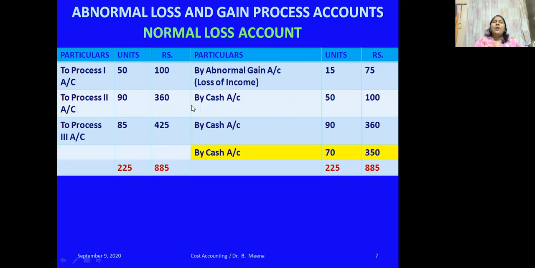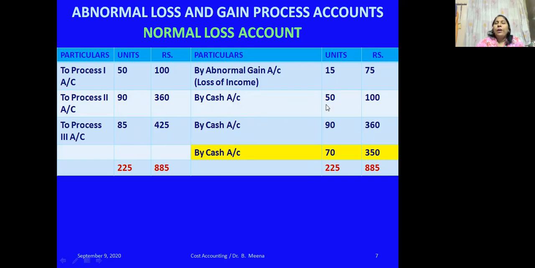Since we don't have any adjustment with the process 1 and process 2 normal loss, we will transfer this amount to our cash account. But regarding the process 3 normal loss, we encash it, there is a loss of income of 15 units and 75 rupees, right? So out of 85 units we lost 15, which means the units are 70.